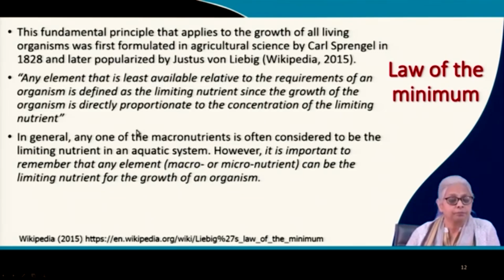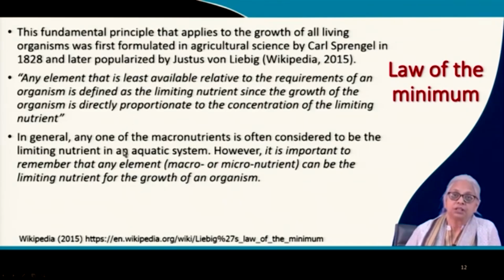What is this law? Any element that is least available relative to the requirements of an organism is defined as the limiting nutrient, and the growth of that organism is going to be directly proportionate to the concentration of the limiting nutrient.